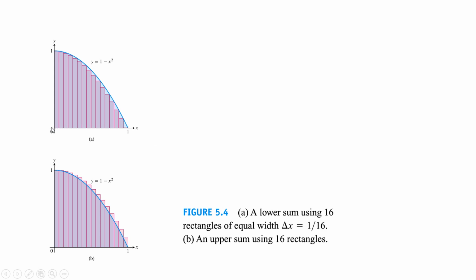We denote the length of one interval as delta x. So in this case, delta x is equal to 1 over 16. This is the upper sum for delta x equal to 1 over 16, and this is the lower sum for delta x equal to 1 over 16. And again, we can see the relation between the lower sum and the actual area: the actual area is greater than the lower sum, and the actual area is less than the upper sum.